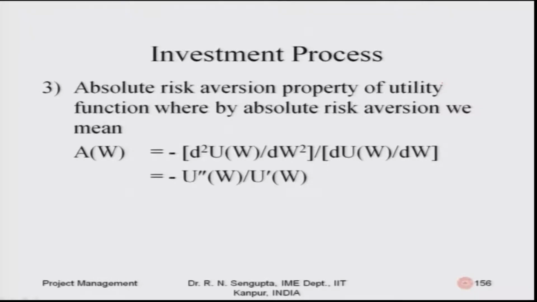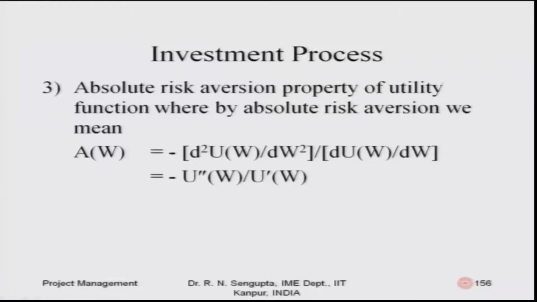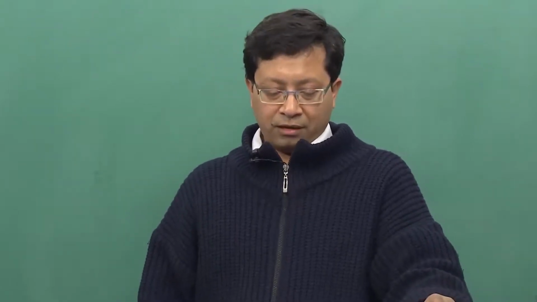If u double prime is 0, 0 multiplied by whatever it is 0, so it will give you the concept that it is a risk neutral concept. And if u double prime is negative, then negative and negative would become positive. So, you will have the concept of absolute risk aversion property coming out correspondingly.